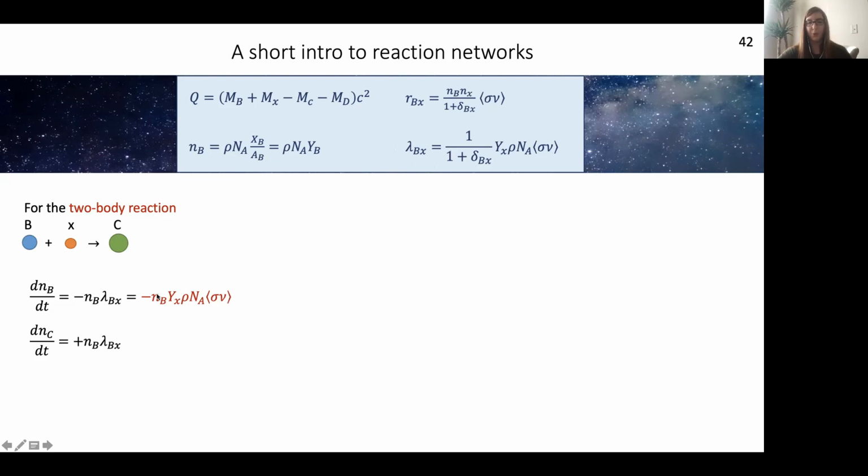That can be written out more explicitly in this way. Now C is gained by this same value, but now we have it being positive because we're gaining C in this reaction.